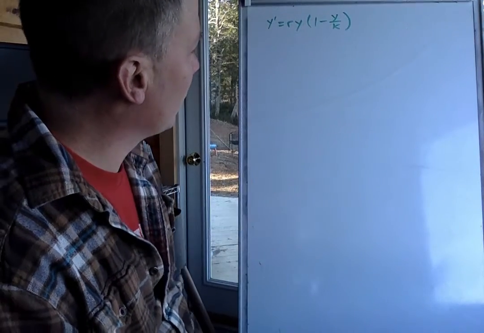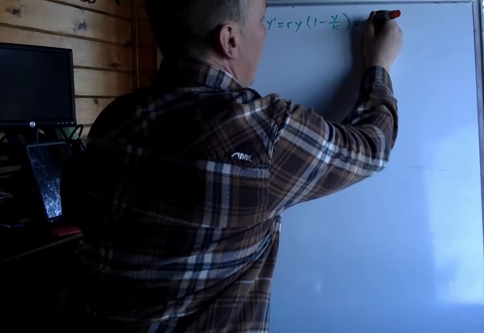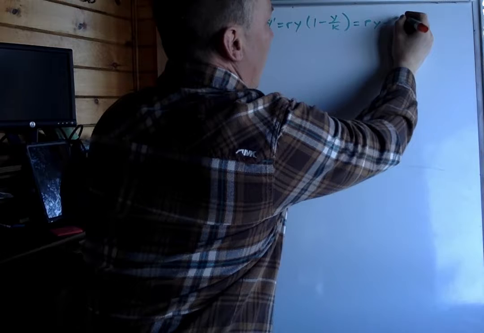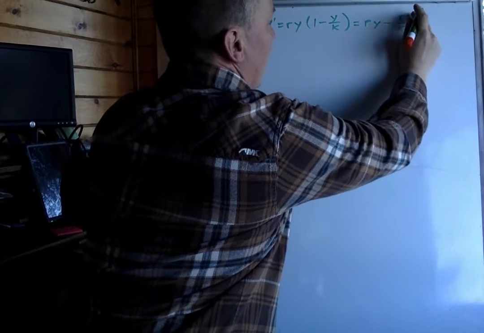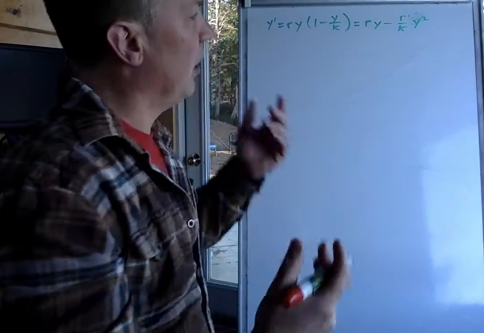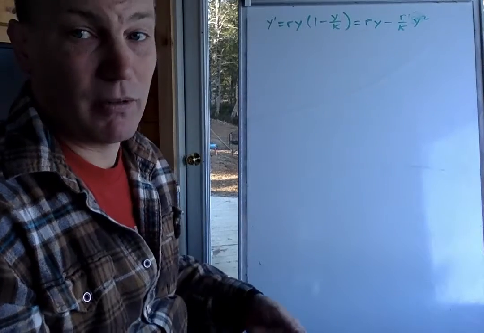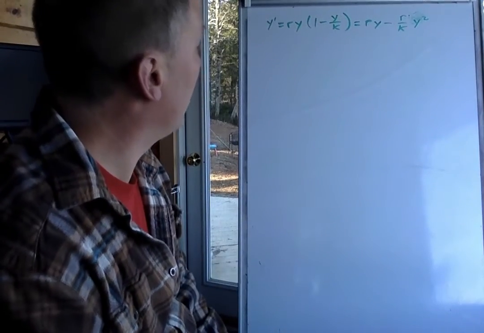If we were to multiply this out just so that we can see it, we would get ry minus ry squared over k, where r over k would also be a constant. And we can see it's just a quadratic equation. So when we have a derivative equal to a quadratic, we're talking about a logistic equation.